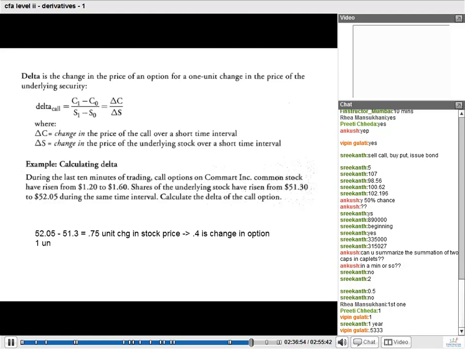So for a 1 unit change in stock price, what will the change in the option price be? It will be more than 0.4. It will be 0.4 upon 0.75. So this is how you compute the delta of an option. It comes out to be 0.5333.